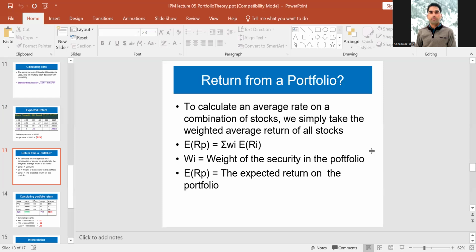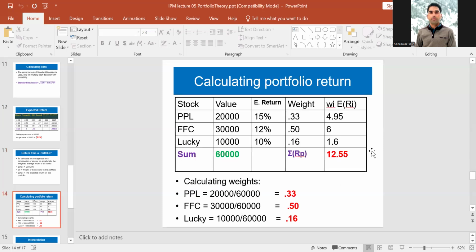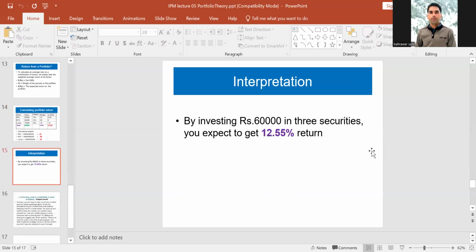This 12.55% return of the portfolio is better than investing in just one asset. So these are the examples in detail, and this is the 12.55% expected return in the portfolio. Thank you so much.